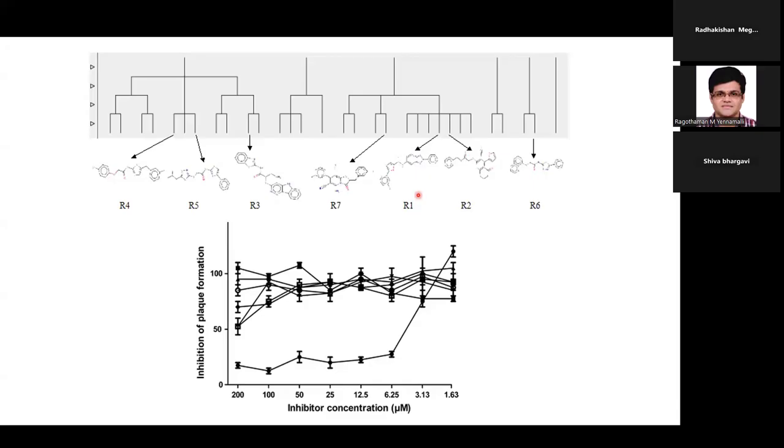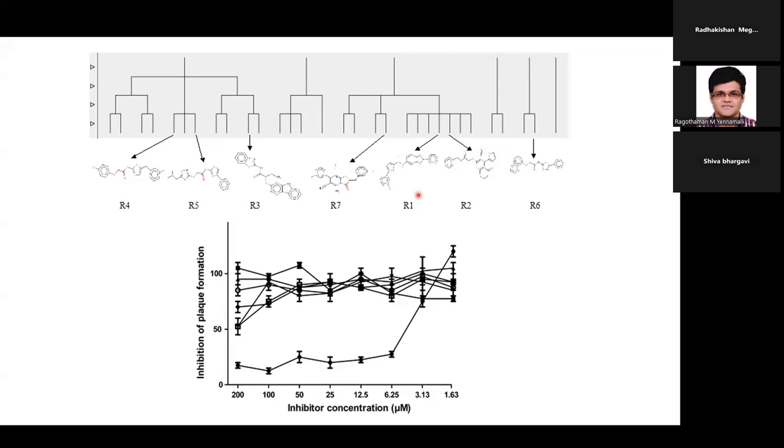So you will have a clearing, and that is called a plaque. So the plaque inhibition assay tells us how many plaques were prevented from forming, or how many did not end up happening after a particular period of time.